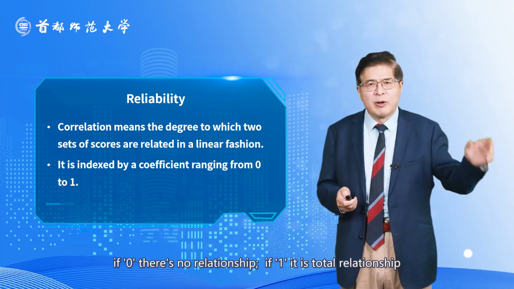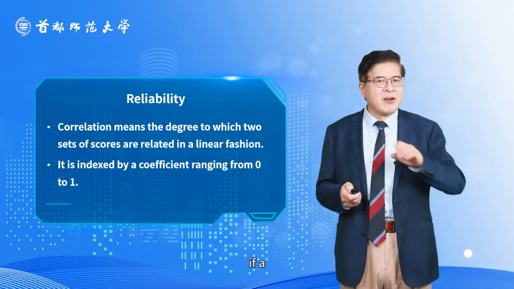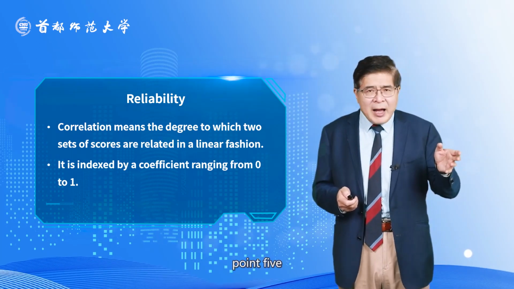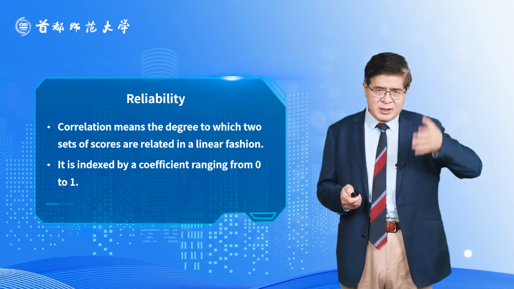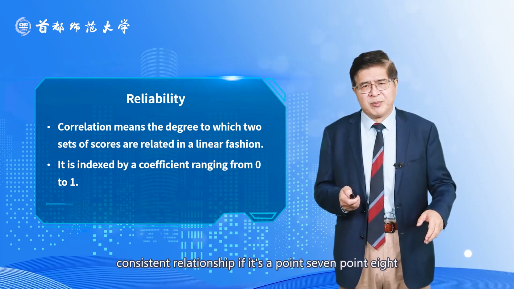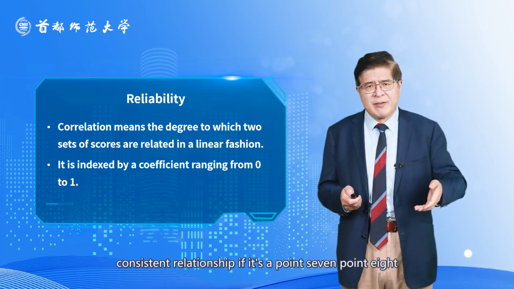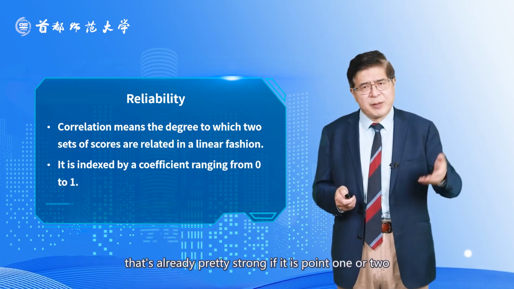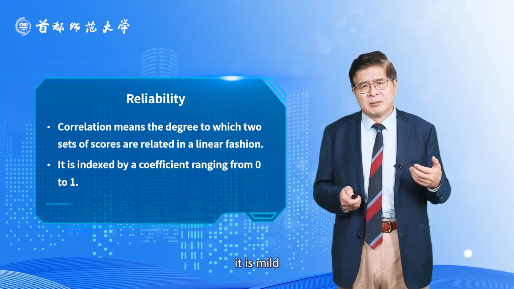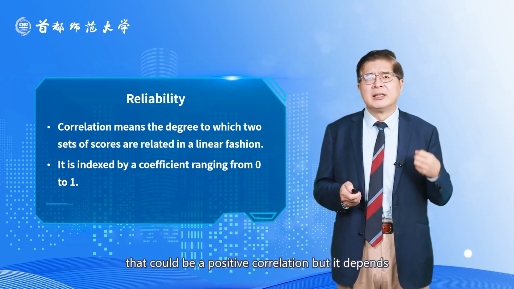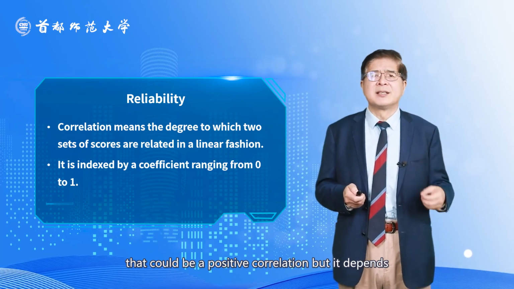At 1 is total relationship. If 0.5, that's pretty good, a consistent relationship. If it's 0.7, 0.8, that's already pretty strong. If it is 0.1 or 0.2, that's mild. There could be a positive correlation, but it depends.